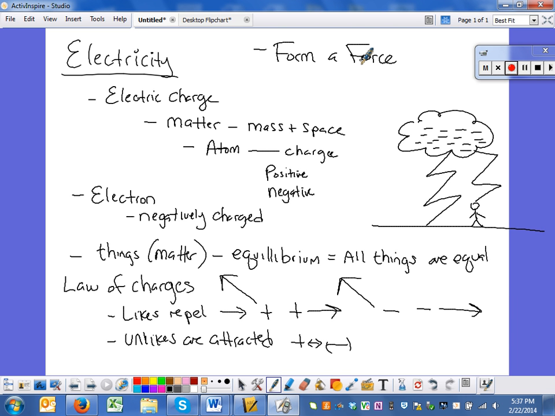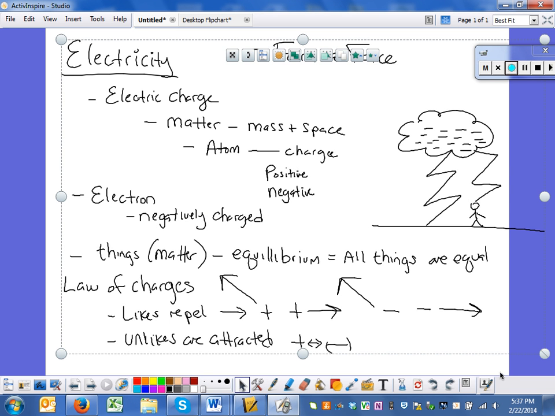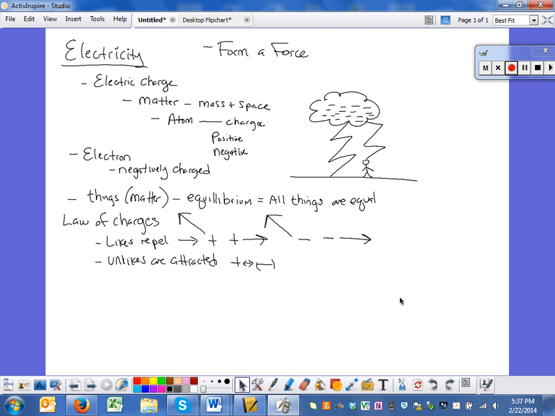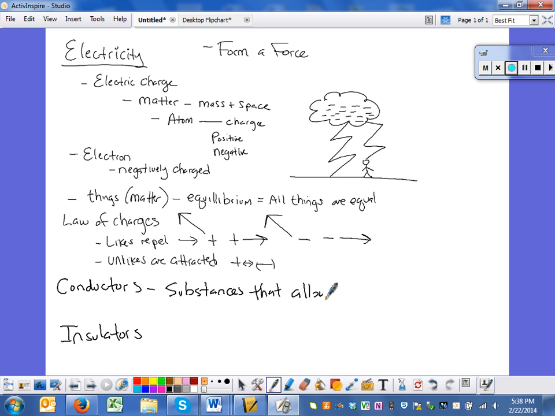Now, some substances are really good conductors. And some aren't so good. So we're going to add a few terms here. There's something called conductors and insulators. Okay, conductors are substances that allow electrical charge to flow.